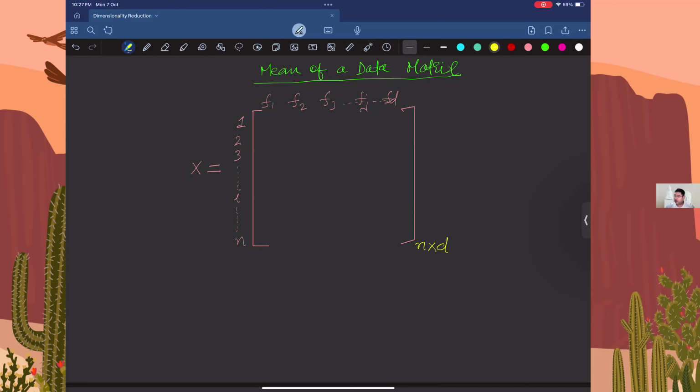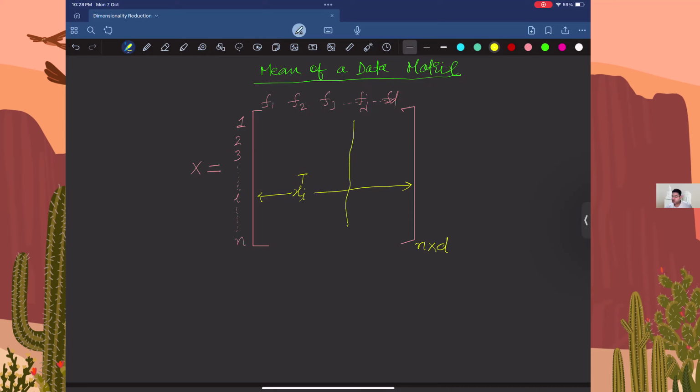Now, if this is my ith data point, this is my xi. Actually, this is my xi transpose. Why xi transpose? Because by default, our vector is a column vector, so I'm converting it into a row vector.